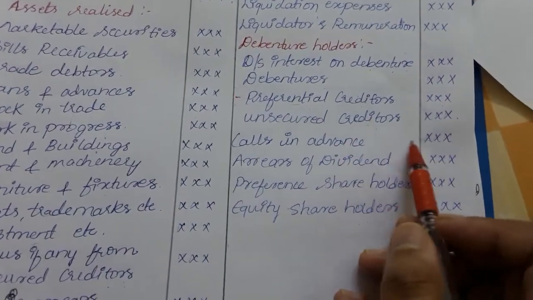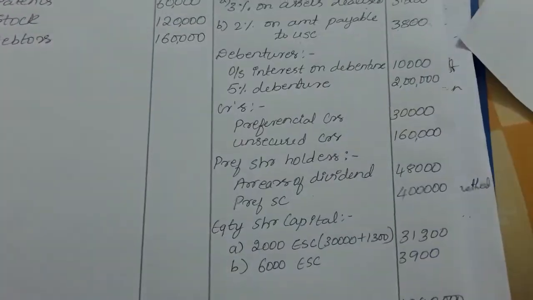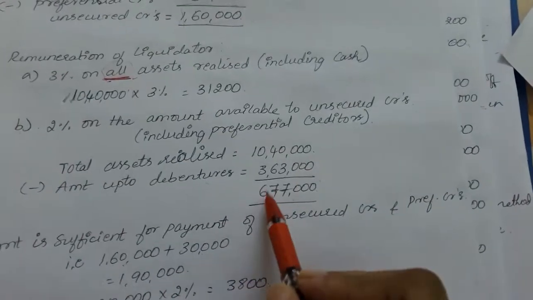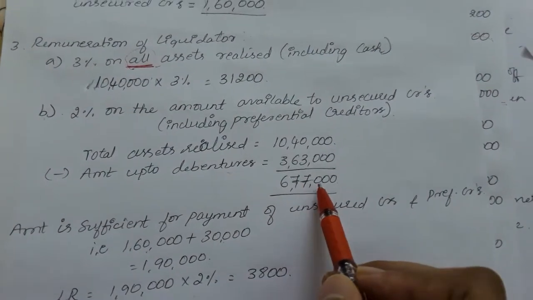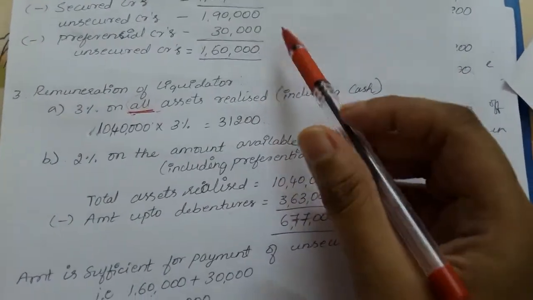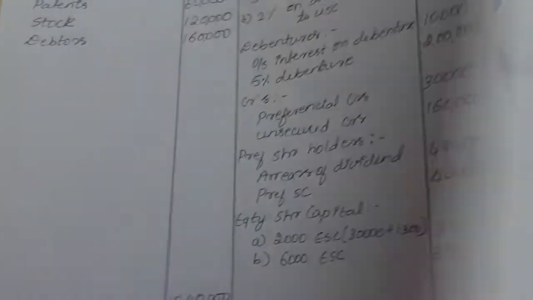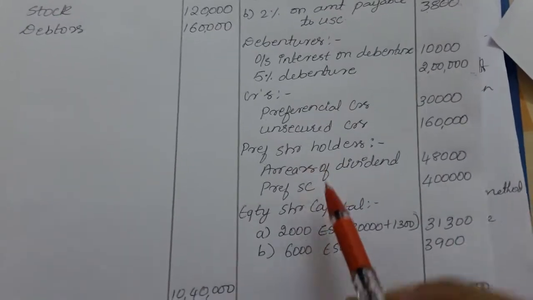If there are any calls in advance we should pay, but there are none. Next we come to preference shares. From the 6,77,000 we subtract 1,60,000, 30,000 and 3,800, and the amount is sufficiently available to pay the preference holders.